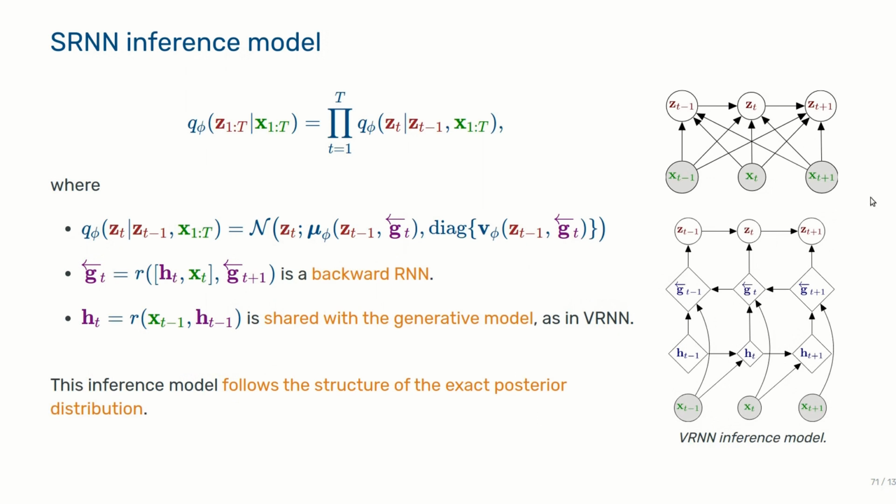Regarding the inference model, the exact dependencies are shown here on the equation and on the diagram. The posterior distribution of ZT depends on the previous latent code, ZT-1, and on all observations x from 1 to t.